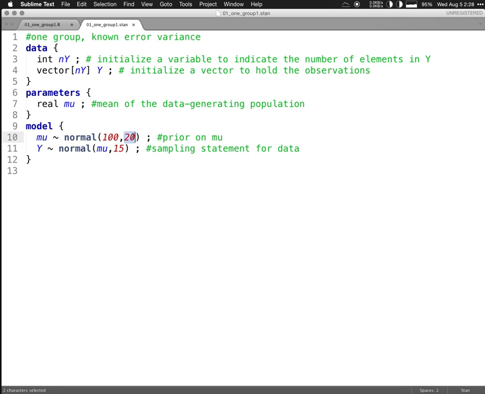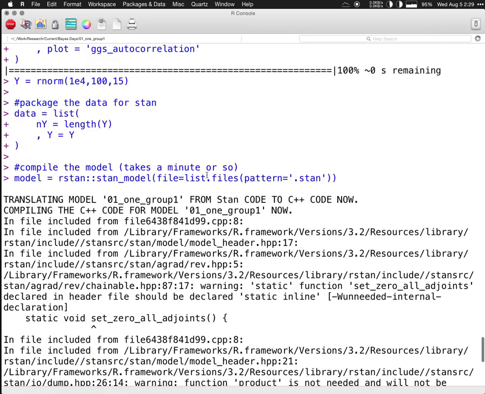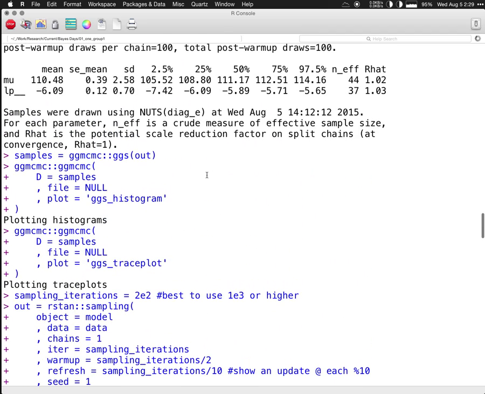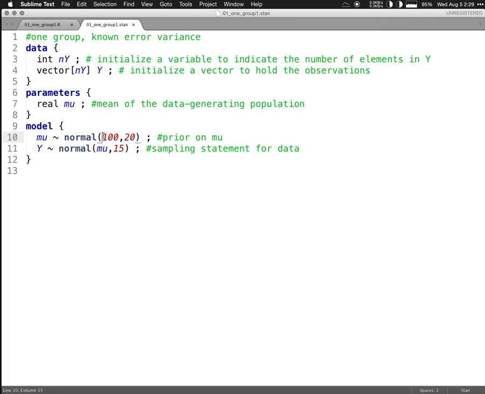So really, you've gone from a belief distribution of mean of 100 and standard deviation of 20 to what we had in this posterior, which I think was mean of 110, if it lets me get there before it updates, and 3. So we've gone to 110 and 3.